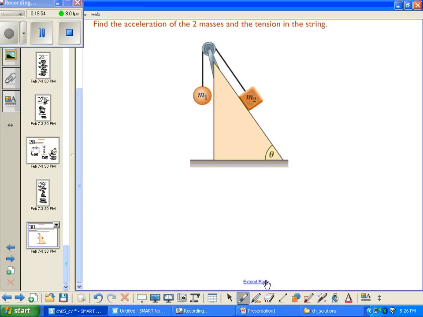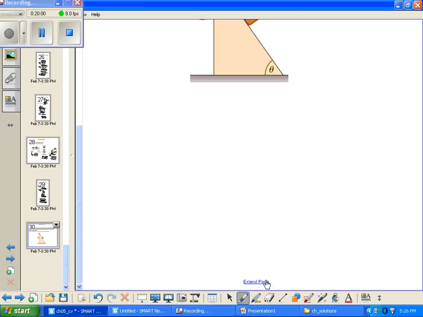The first part is quite straightforward, as we've done for M1, for example. In the case of M1, we've got M1G, we've got T, and we've got an upward acceleration.